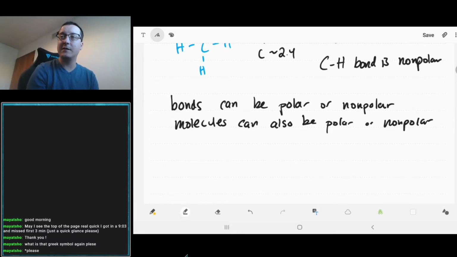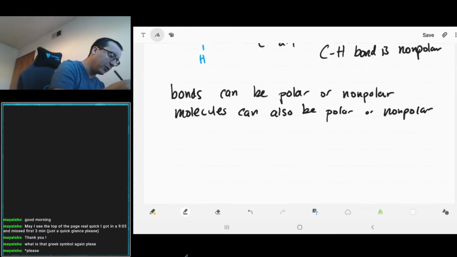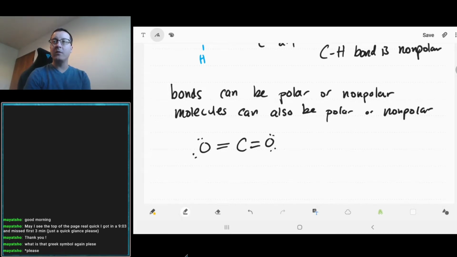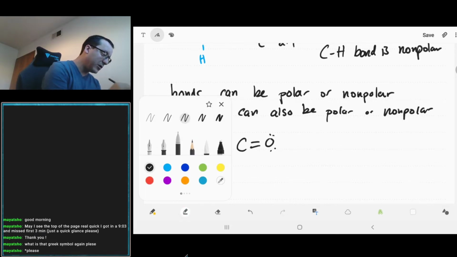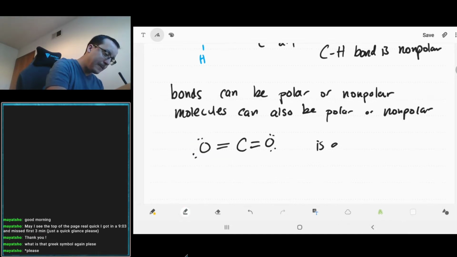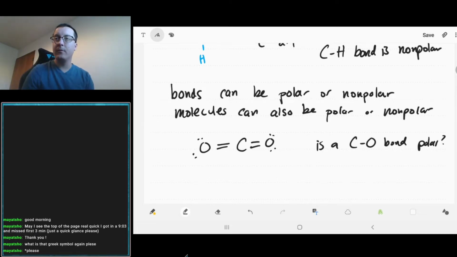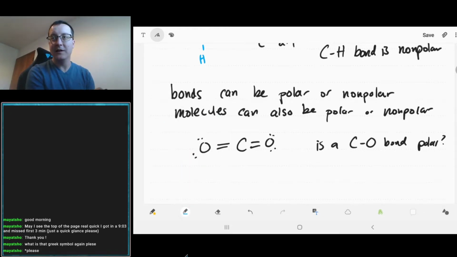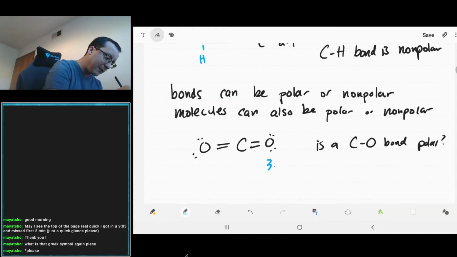Let's take a look at another example of a molecule. One we did yesterday, or possibly the day before, carbon dioxide. So let's look if a carbon-oxygen bond is polar or not. If we take a look at the electronegativities, again, I'm going to give these to you, or you'll have a table. Don't bother memorizing anything like this.